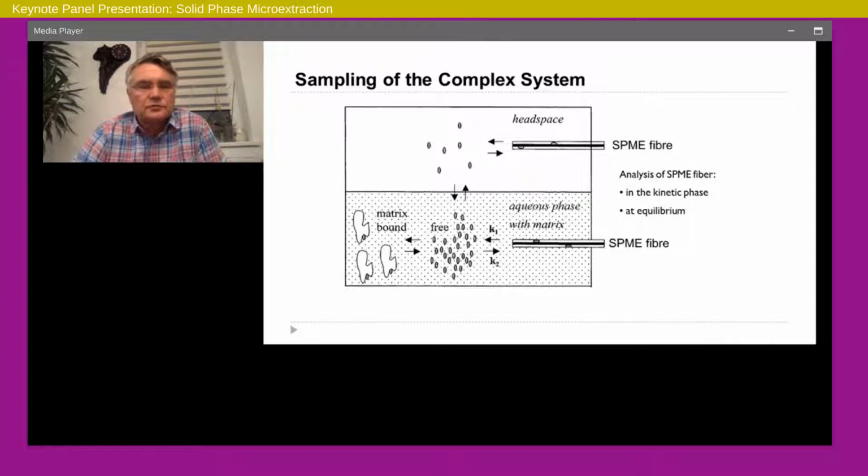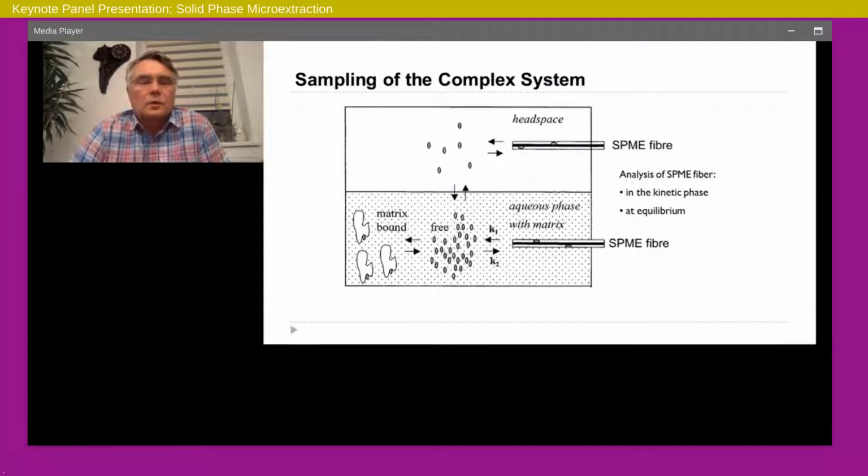So anything which is volatile goes to the fiber coating and is enriched there, due to the K value. Remember what I discussed about. Then you can take it out and desorb it in the instrument, and you get a good clean extract, because anything which goes through the headspace is clean to be thermally desorbed in the auto-injector of the GC, then separated in the column and detected.